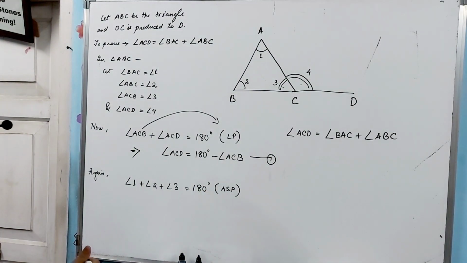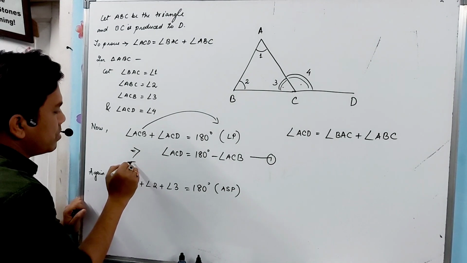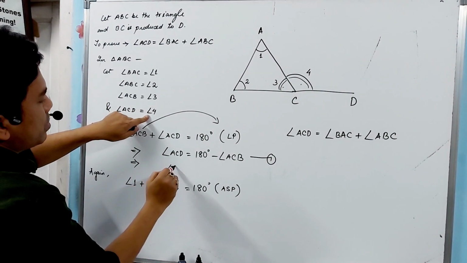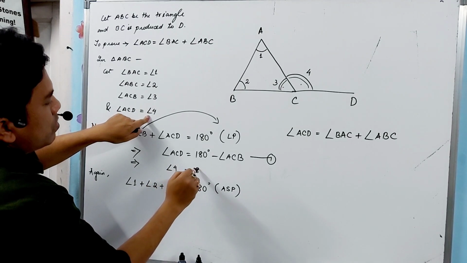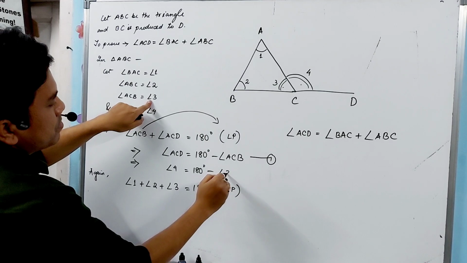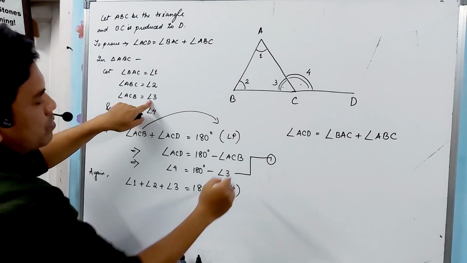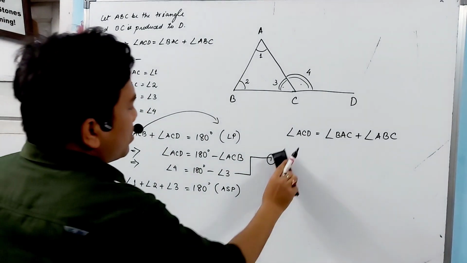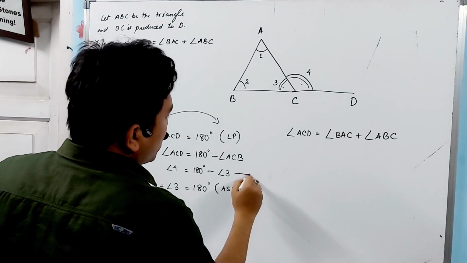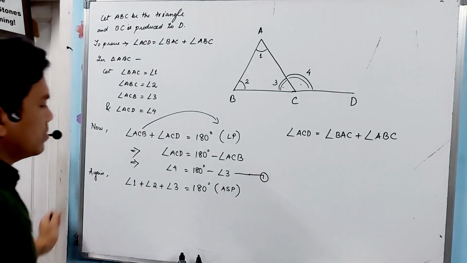Okay. Here I have forgot to mention one more thing. ACD we considered as angle 4. Let this be angle 4 equal to 180 degree minus ACB, which was considered as angle 3. After that you get equation 1. Okay. Let me rub this, otherwise you all will be confused. Let this be equation number 1.